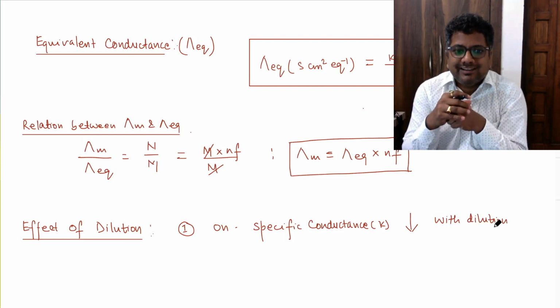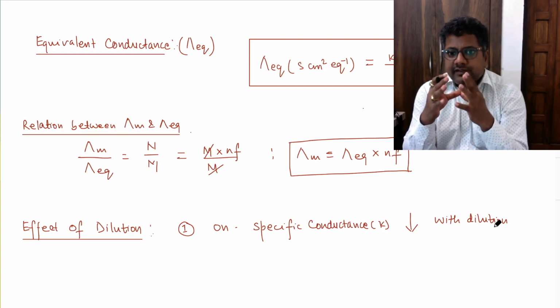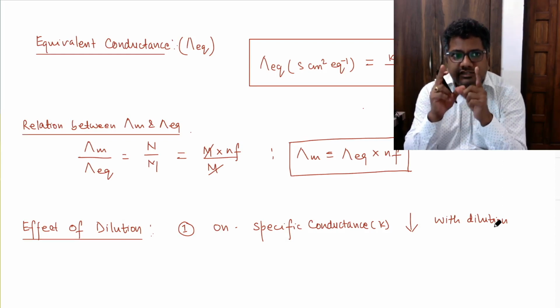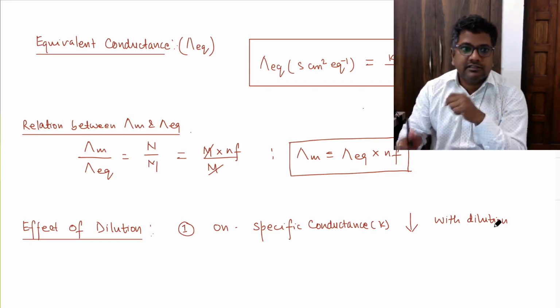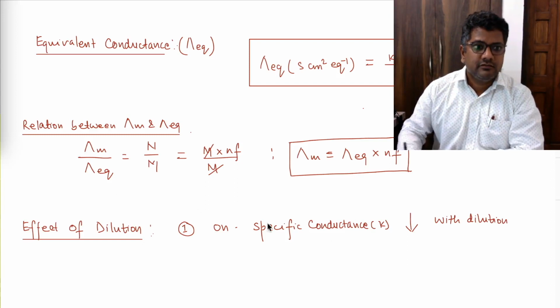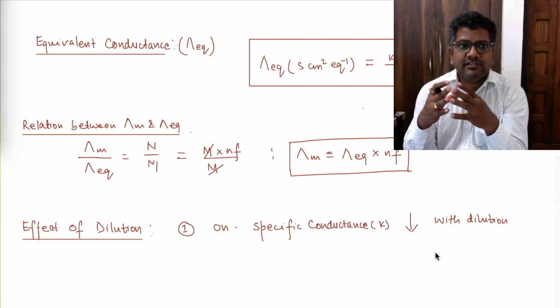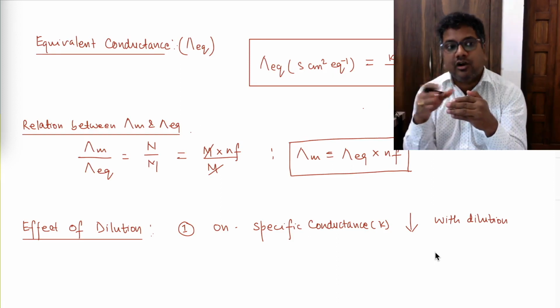The question arises here: why? You know, this specific conductance is defined as the conductance by the ions present in the unit centimeter cube of the solution. Means 1 centimeter cube of the solution, right? So on dilution, the number of ions increases, but not in the same ratio as the volume increases.